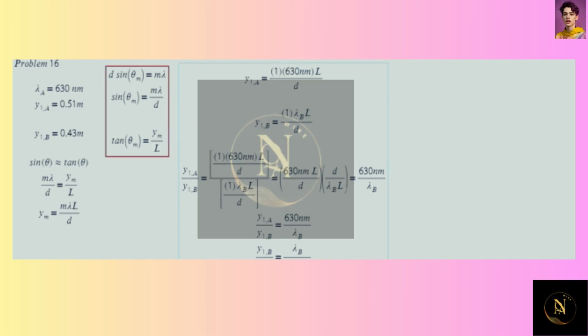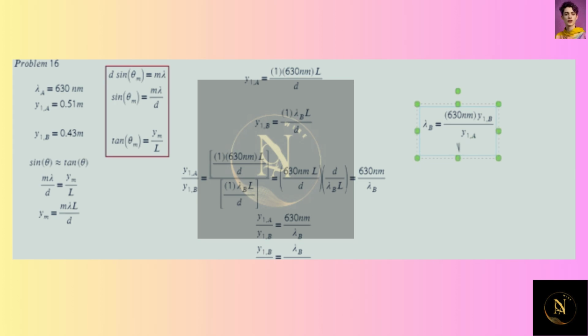So again, multiply both sides by 630 nanometers. We're going to get lambda b equal to 630 nanometers times that ratio, y1b over y1a.